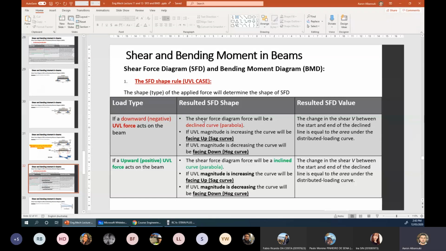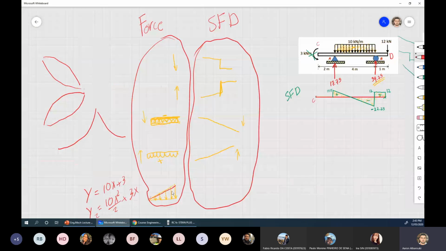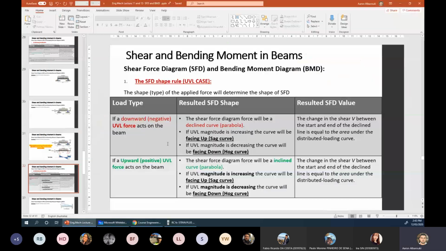The thing here is that the inclined or declined shape is not a line anymore, it's a parabola, because we already started from a declined or inclined line, you remember? That was a declined line. So the integration of that should be a second degree equation, which is a parabola shape. Therefore, the shape will be a parabola for the shear force diagram. Inclined or declined will depend on whether the shear force is positive or negative.